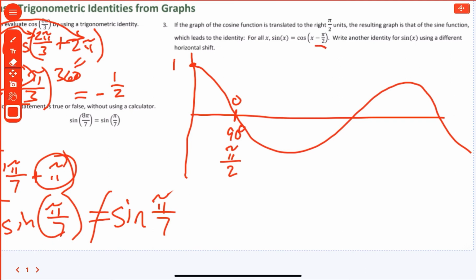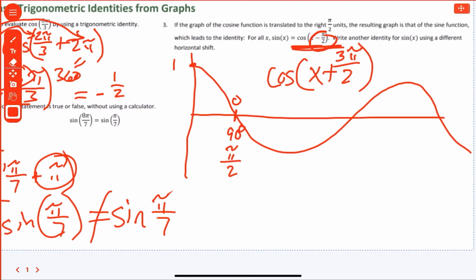So what is another way to say the cosine of x minus pi over 2? Which means a negative rotation of 90 degrees, right? That would be the same thing as saying the cosine of x plus 3 pi over 2.